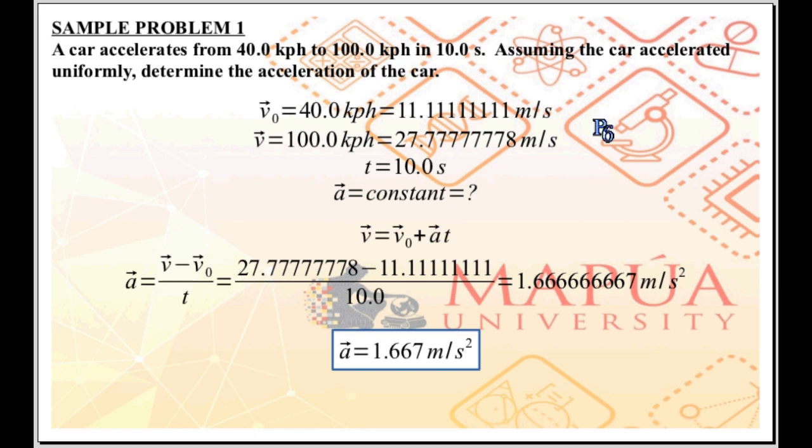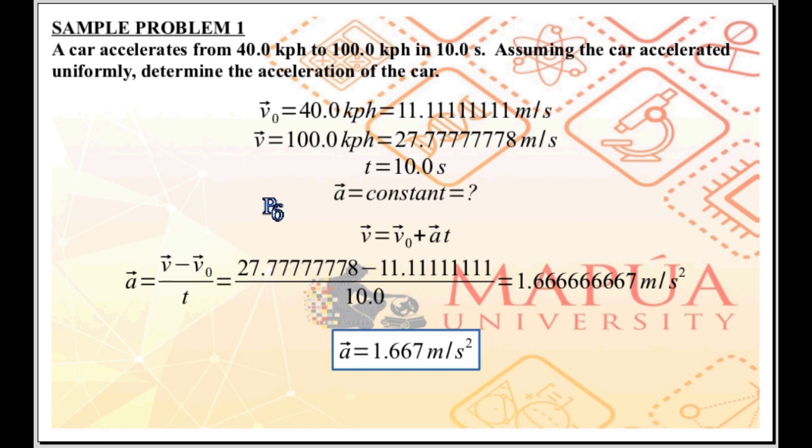Here, the problem tells us that the object is undergoing uniform acceleration. In other problems, the problem might simply say acceleration, and you would have to determine if the object is undergoing uniform acceleration or non-uniform acceleration.